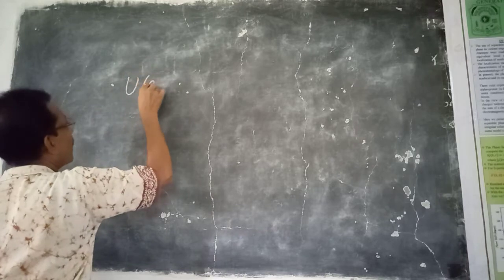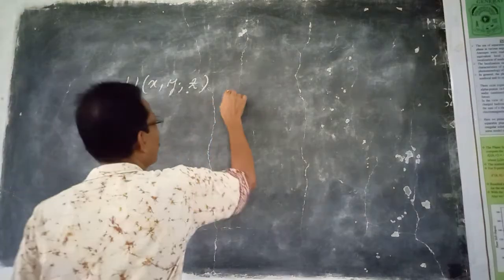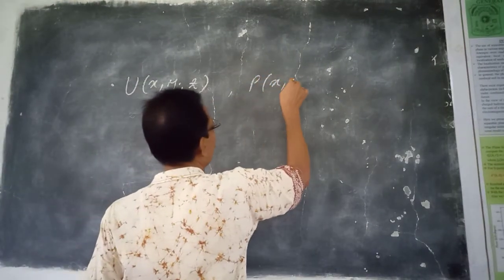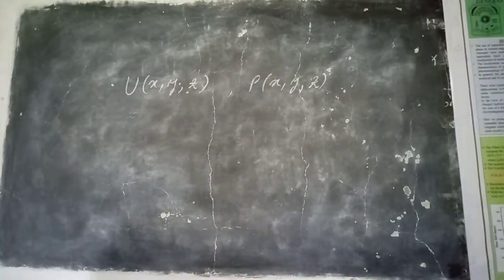Now we assume that an electric potential U(x,y,z) is applied across the nucleus, and the nucleus has a charge density rho(x,y,z).